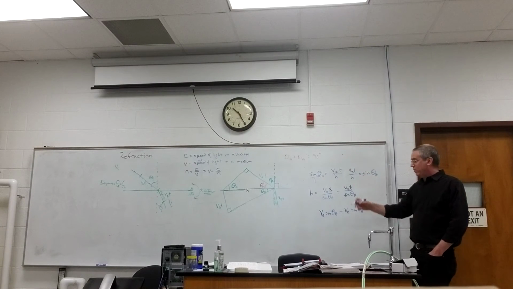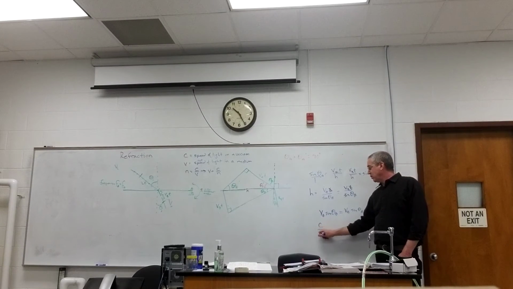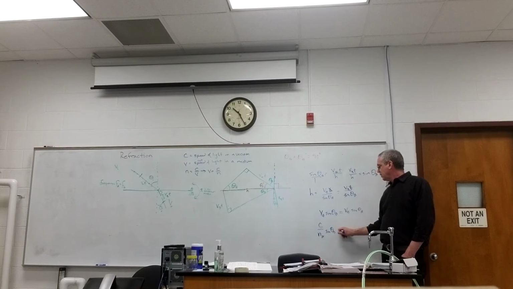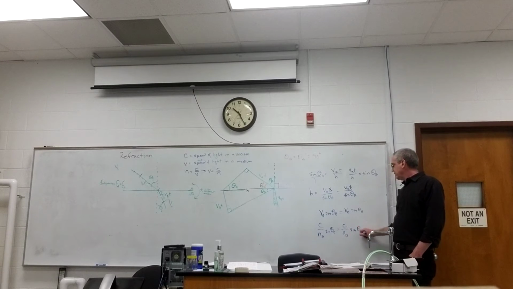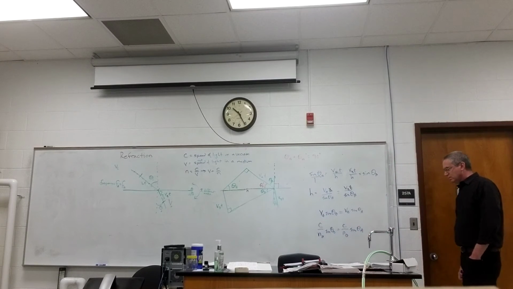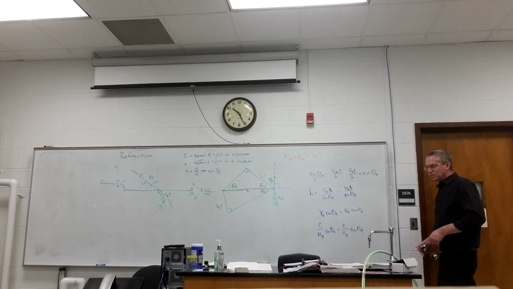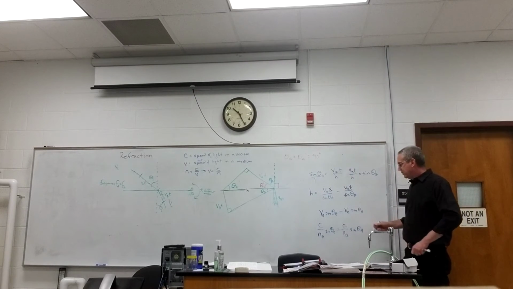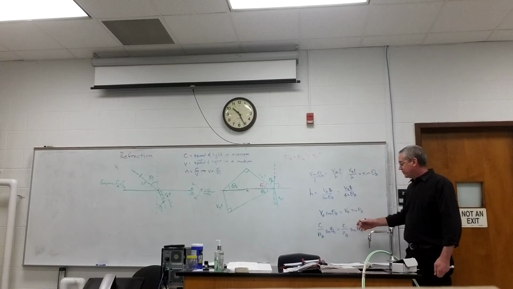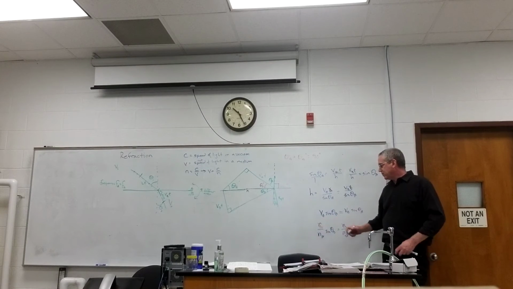Now we bring in what I have over there. So this becomes speed of light over n sub A sine theta B is equal to the speed of light in a vacuum over n sub B sine theta A. So if two things are equal to each other, cancel out common factors.